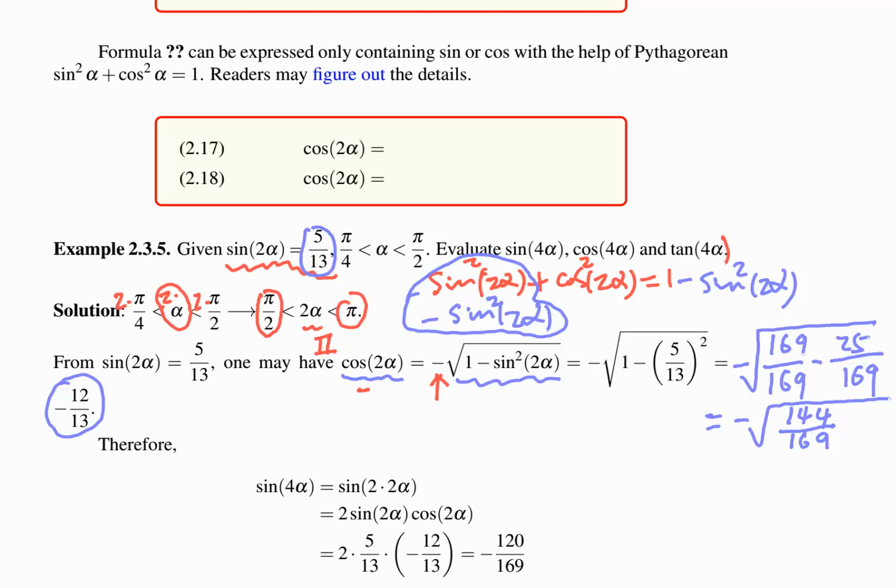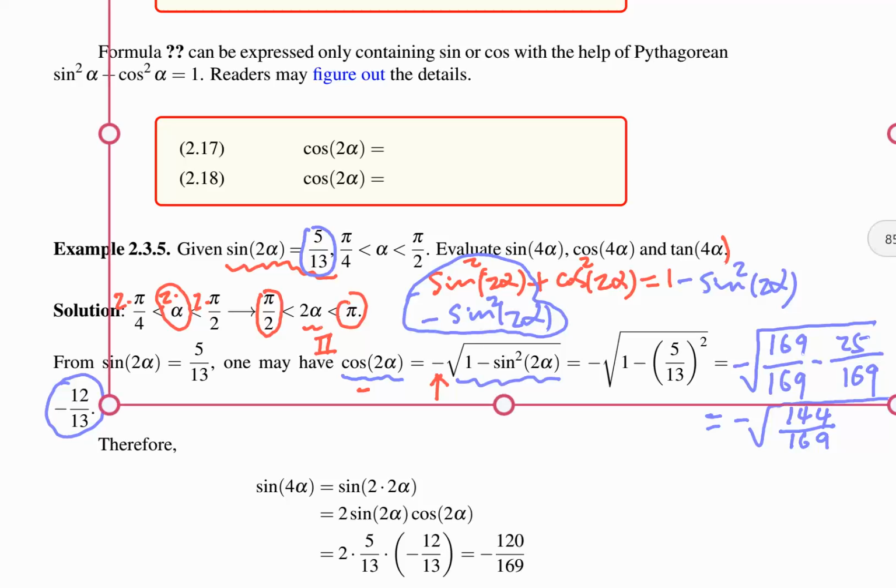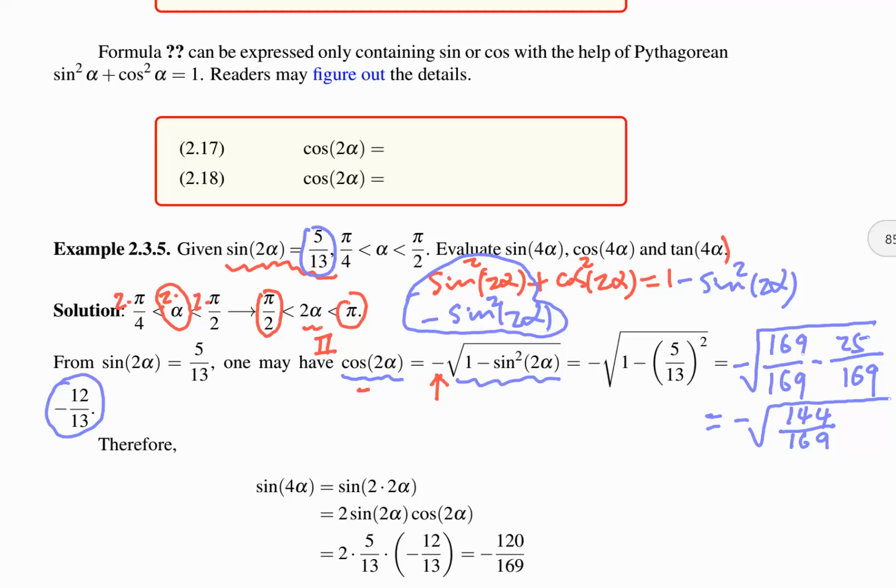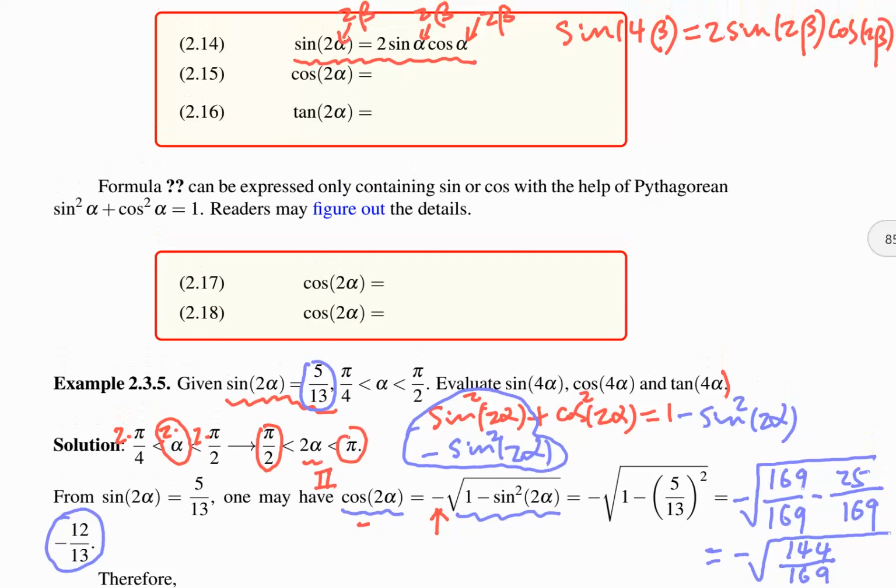Okay, so then we rewrite sine 4 alpha as 2 sine 2 times 2 alpha. Then we apply the double angle formula. Okay, so we got that. That's why we mentioned this one right here, on the top right corner.